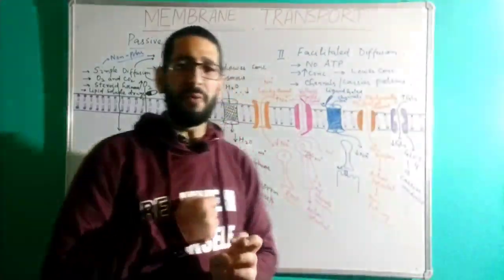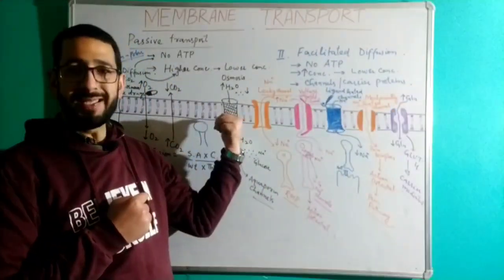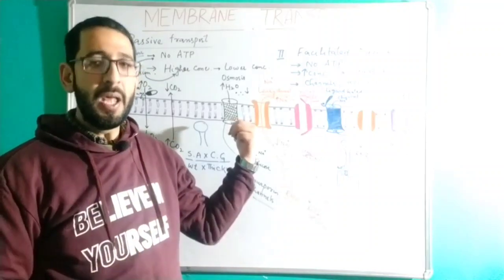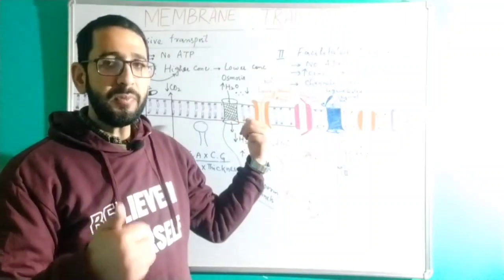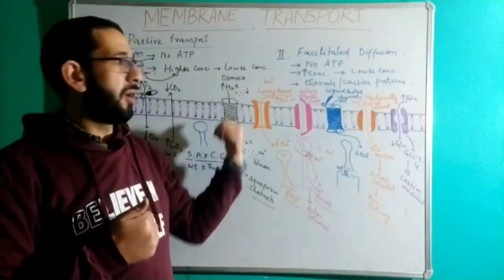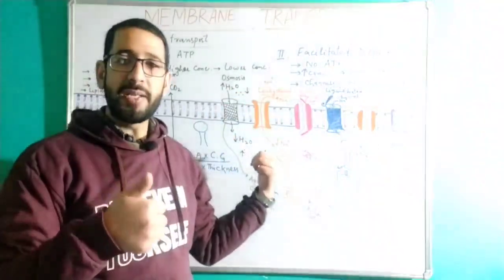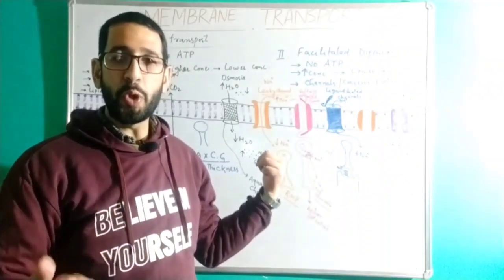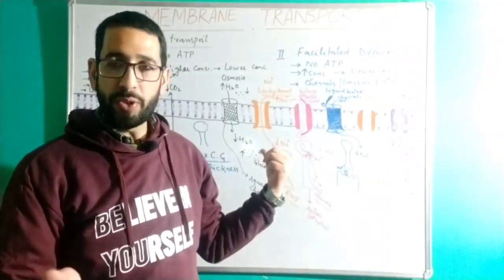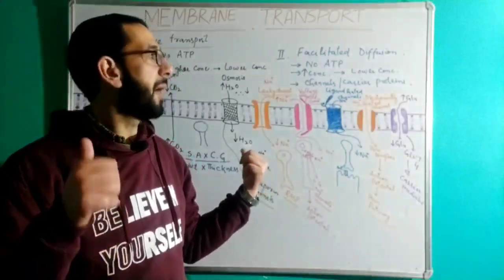The first type is osmosis, particularly for the transport of water from higher to lower concentration. But remember, water transport also depends on solute concentration: water will move from low solute concentration to high solute concentration, and the most important solutes are sodium and glucose.